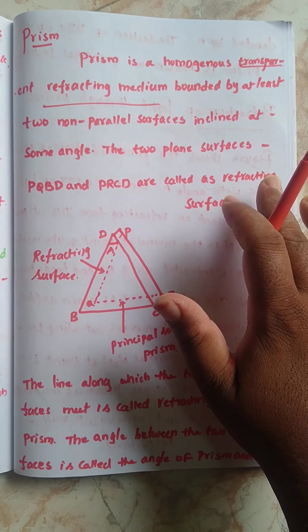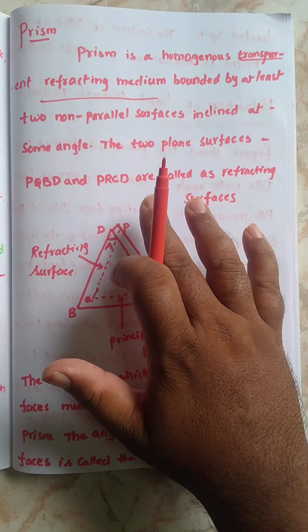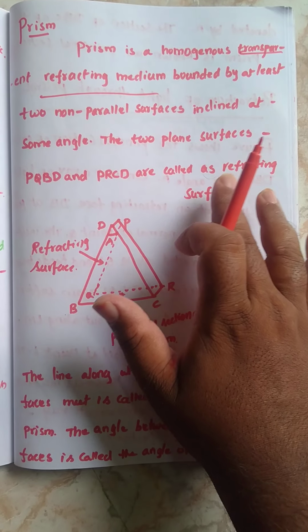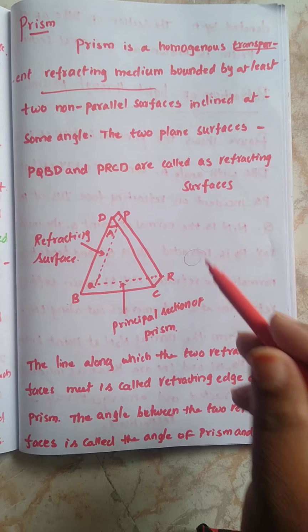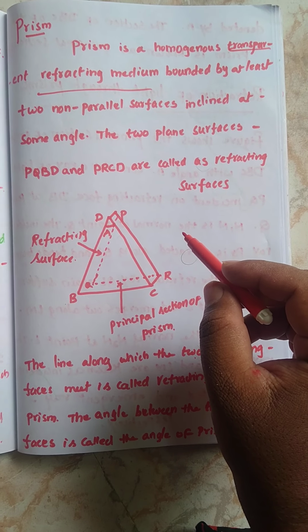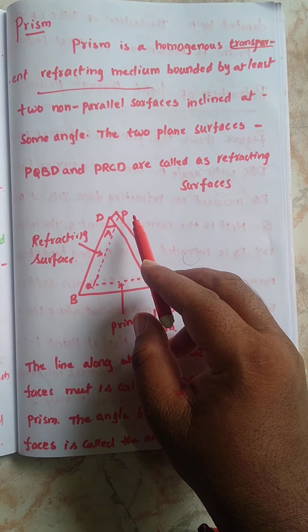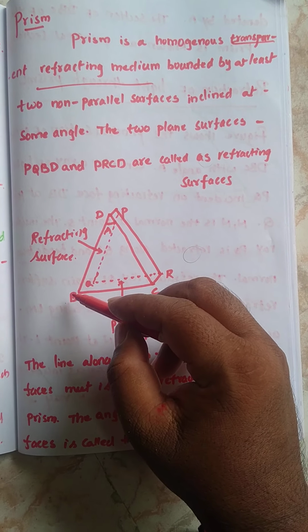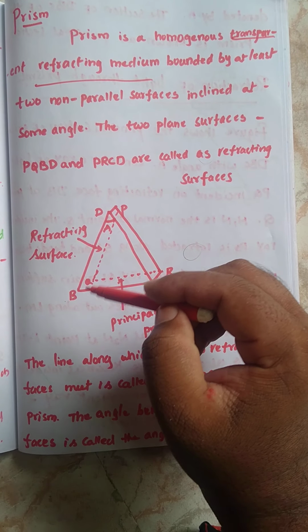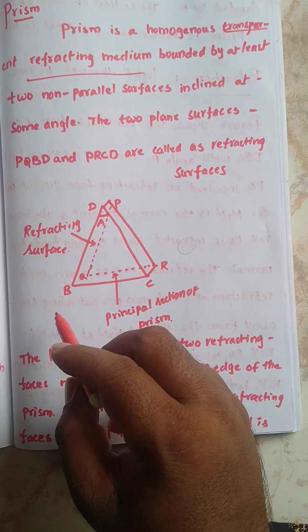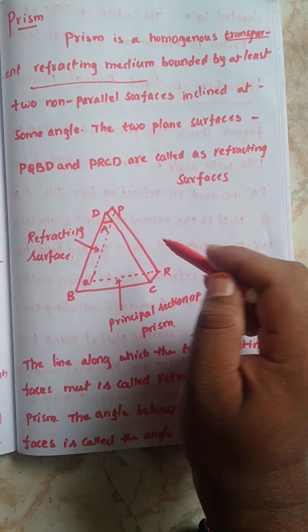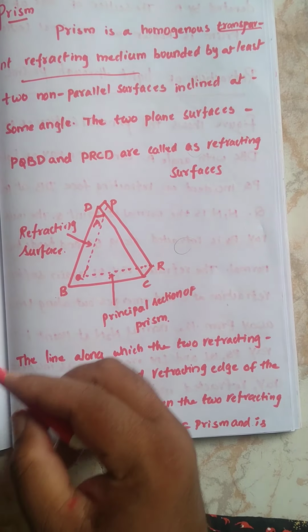It is bounded by at least two non-parallel surfaces inclined at some angle. So these two plane surfaces PQBD and PRCD are called refracting surfaces. One plane surface is PQBD and another surface is PRCD. These are the two.